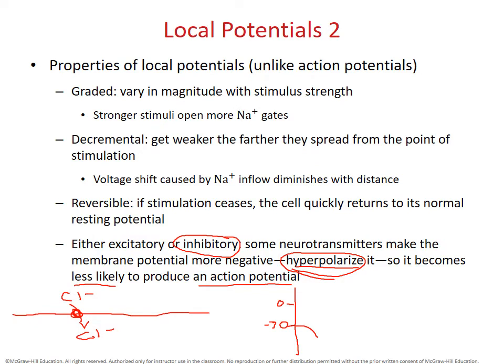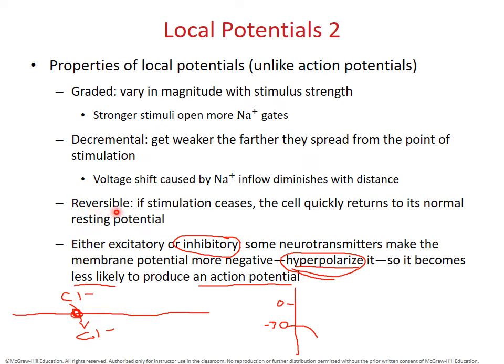All of these features of these local potentials are different from action potentials. Notice it says unlike action potentials. Action potentials are never graded. Action potentials are all or nothing phenomena. Action potentials do not get weaker as they spread. They are always the same size, and regardless of how far away we are from their origin, they will be the same size from point of origin to the tip of the axon.